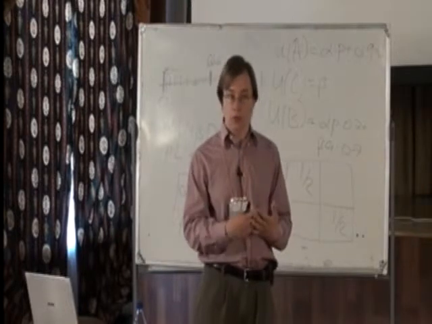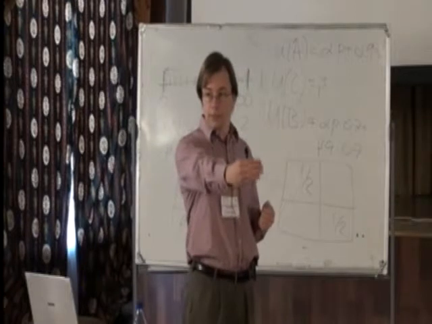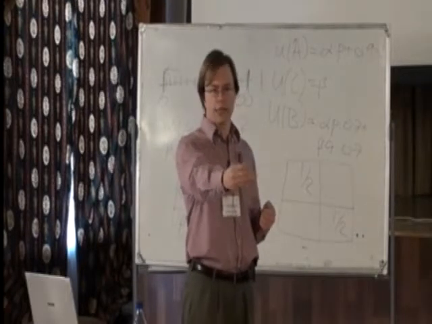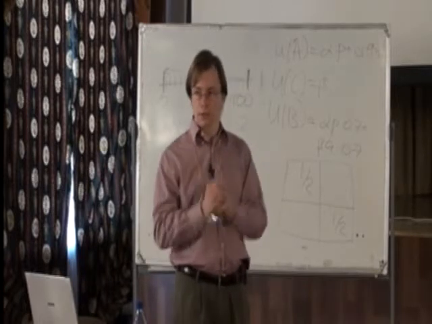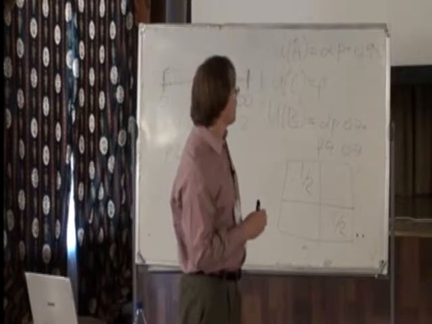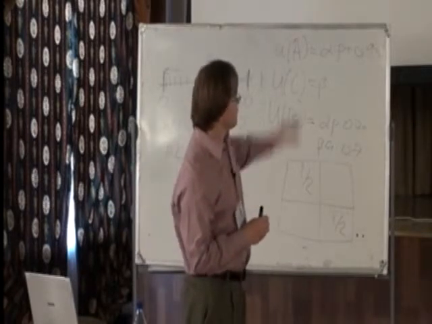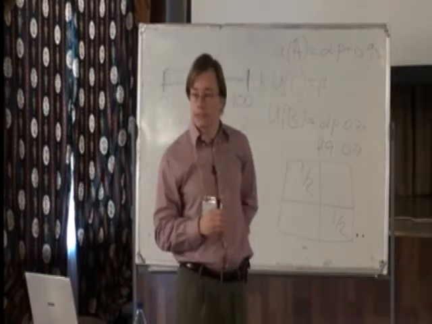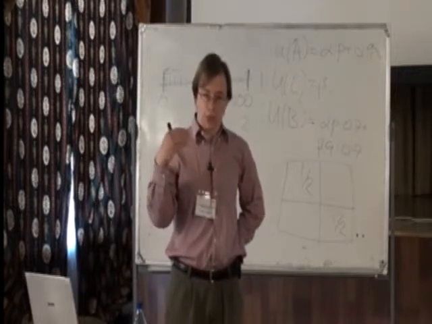The only thing you need to know about your opponent is that he plays this particular strategy. You don't really need to know that he is rational. You only need to know that it is this strategy which is being played. So this is one point. Another point is that what you do need to know is what is being played.